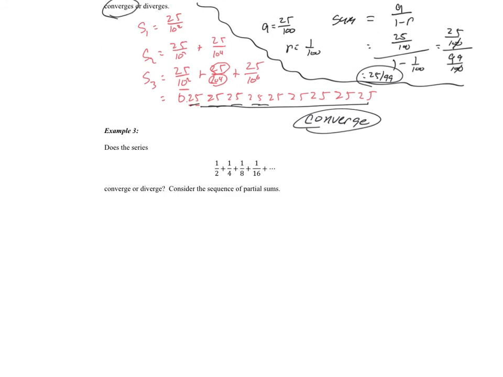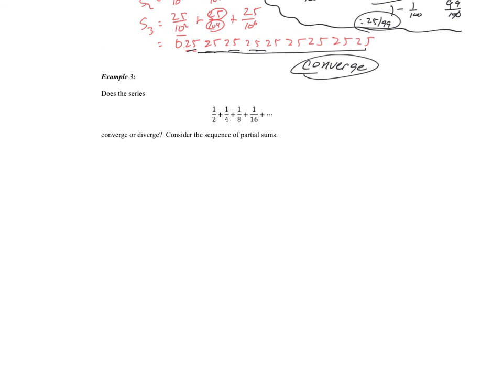All right, so now we're going to look at example 3 here. So now that we already had one example of a geometric series, let's look to see if this is also a geometric series. Moving from 1/2 to 1/4, you could say that you're multiplying by a half. Then moving from 1/4 to 1/8, you can also say you're multiplying by a half, and it works for every term of the series.